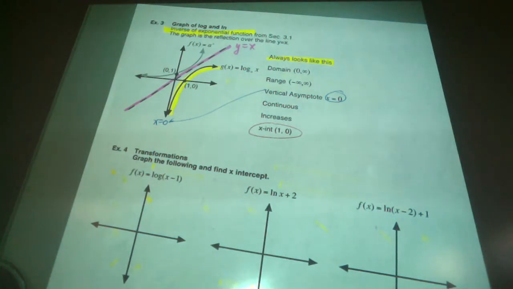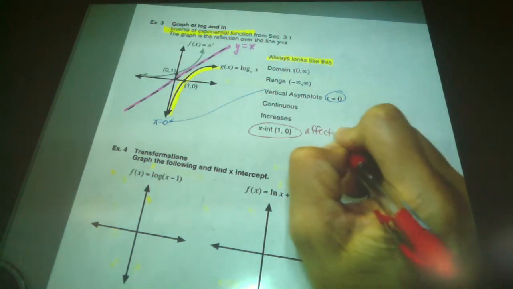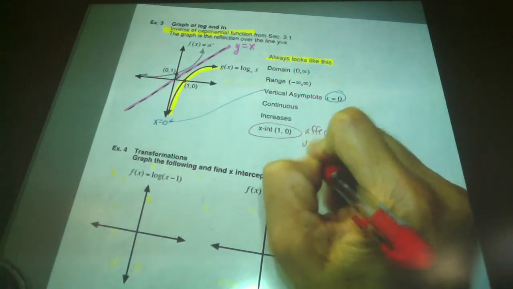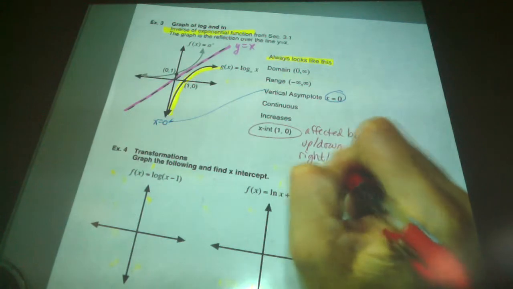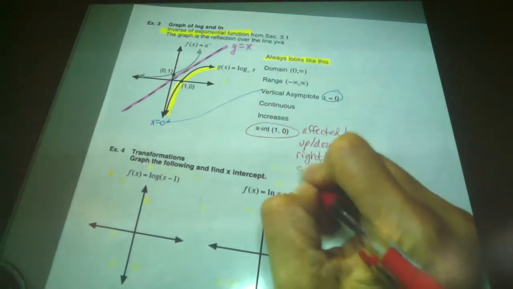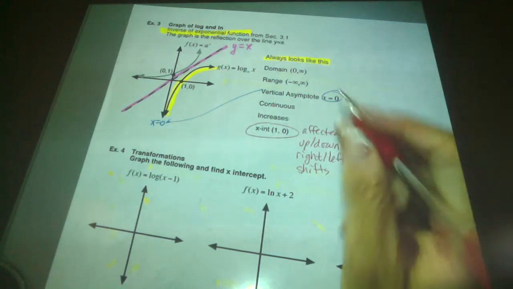Because when we translate things, we have to pay attention to the vertical asymptote and the x-intercept. This is affected by up, down, and right, left movements. We'll call them shifts. What is the vertical asymptote affected by?